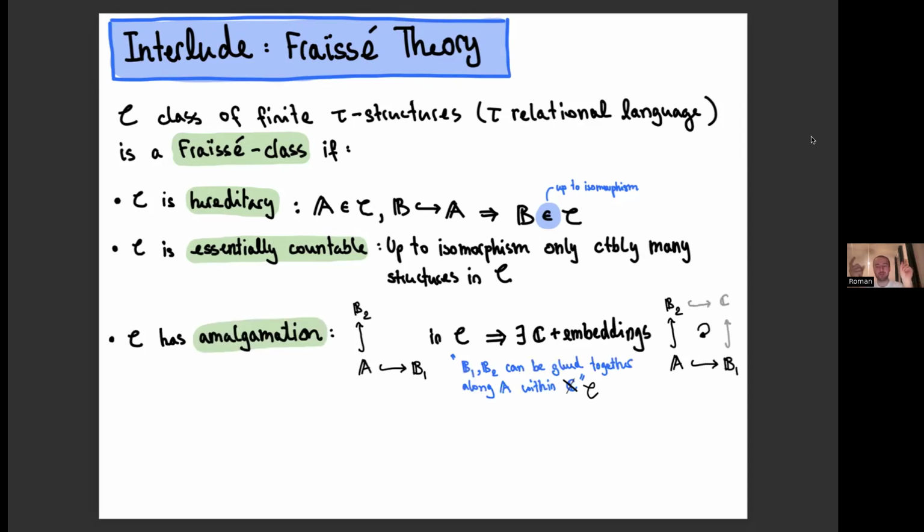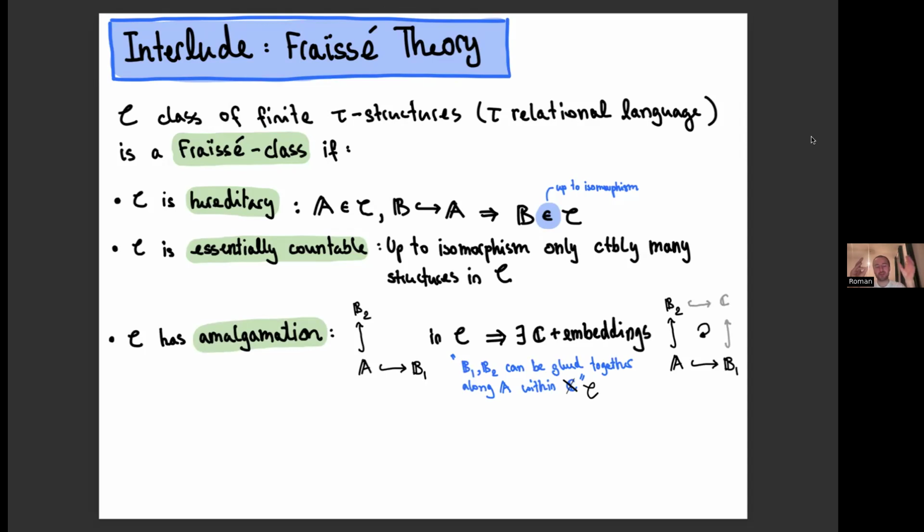Suppose you're given structures A, B1, B2 in curly C, and embeddings from A to B1 and from A to B2, depicted in this right-angled diagram.